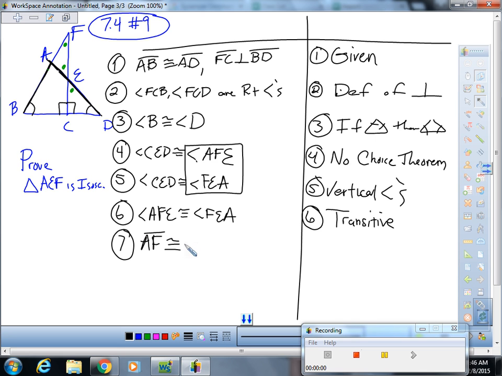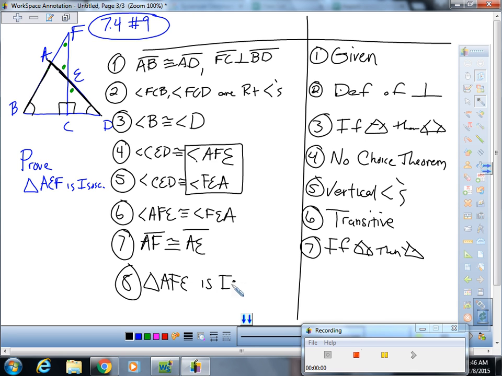AF is congruent to AE by if angles in a triangle, then sides, and then finally I know that triangle AFE is isosceles by definition of isosceles. Boom!